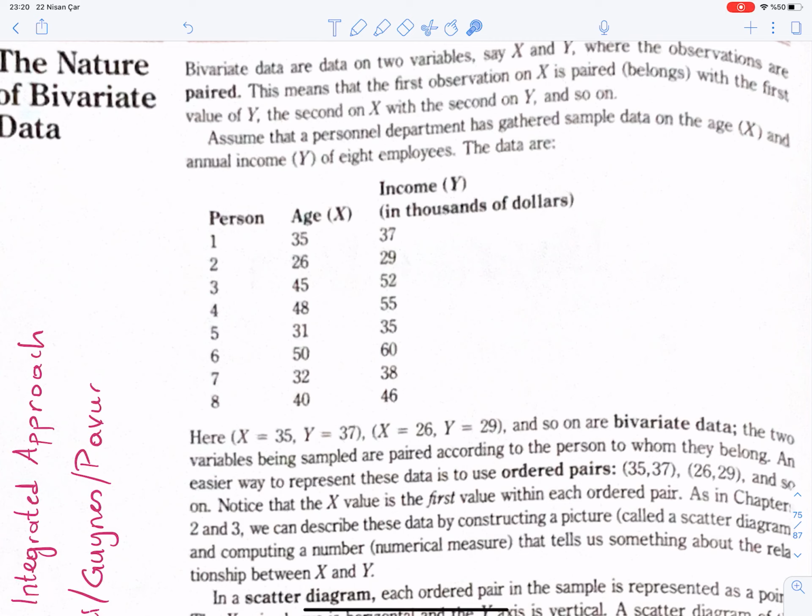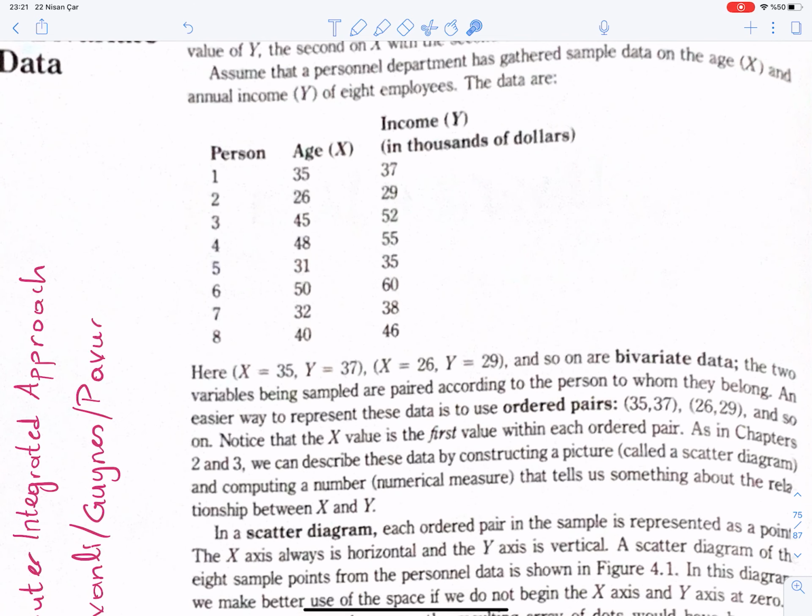So clearly you may observe that when the age is increasing, the income is increasing. So it's a clear relationship. When age is decreasing, the income is decreasing. The basic idea of the correlation coefficient is to tell you whether the change is in the same direction or in the reverse direction.